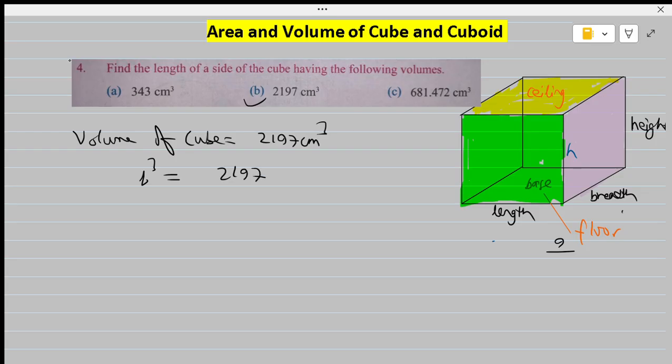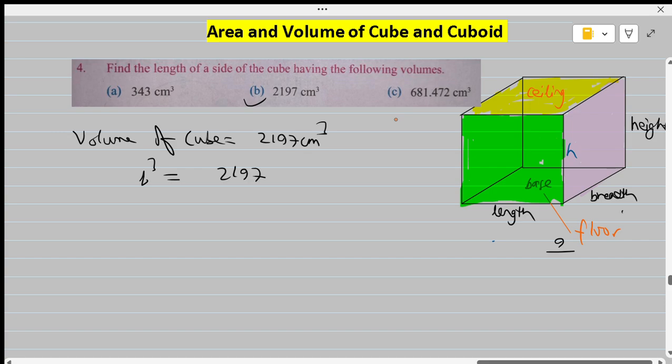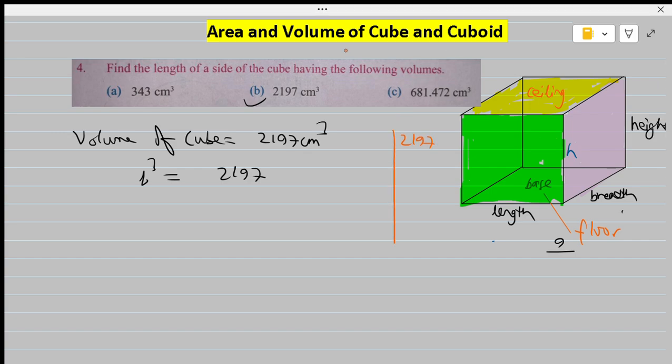To find the length, now we have to factorize 2197. So let's do it on the rough side. Let's see what it is divisible by. 3 is not dividing: 3 7s are 21, 3 3s are 9, and 7 remains. So not by 3.